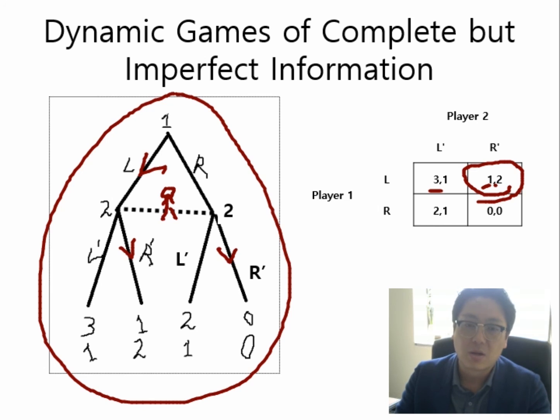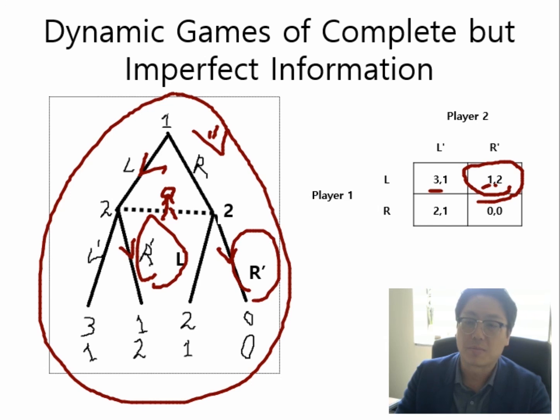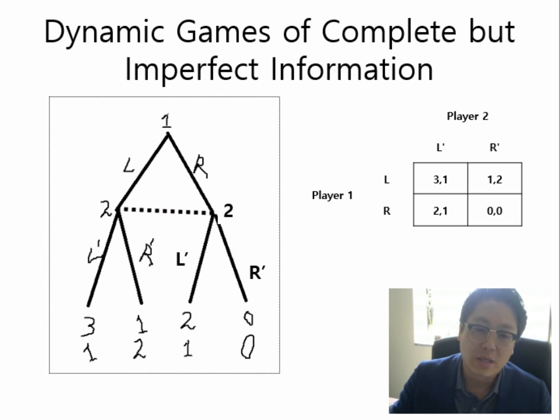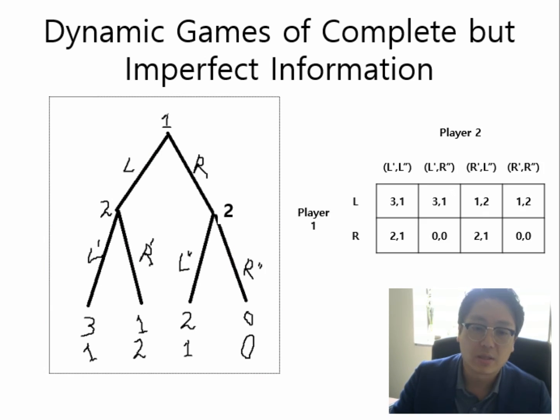It doesn't matter. Even though the first player chooses R prime again by chance, because she doesn't know where she's standing, she's still going to choose R prime and R prime at all. So this game has just one subgame, but this game has 3 subgames.